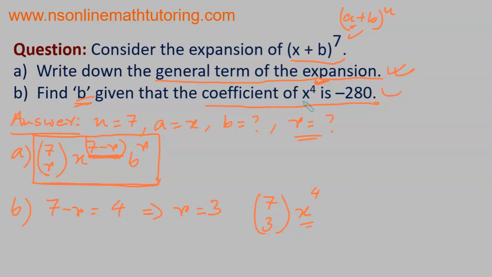We need the x to the power of 4 term, so it is x to the power of 4, and b to the power of 3. This is the coefficient of x to the power of 4, so the term is negative 280 times x to the power of 4. And these two can get cancelled, so we are left with the coefficient.